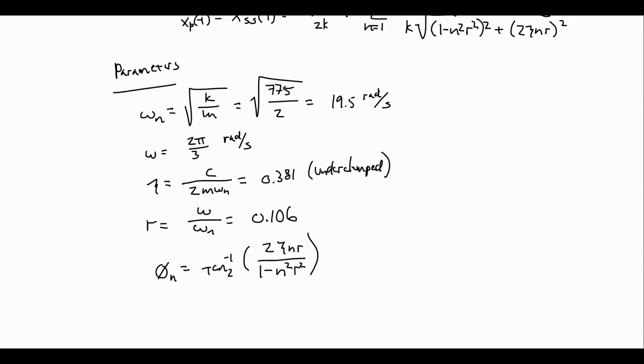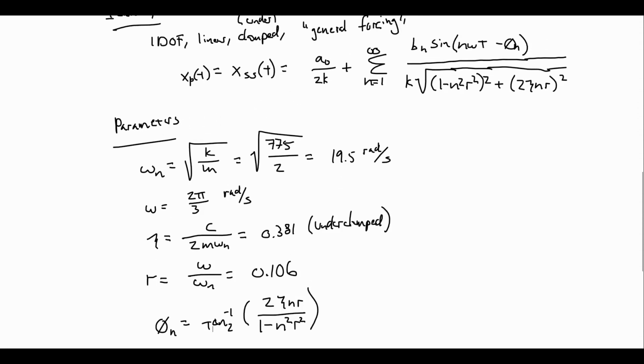But we're going to need to do that for every n value, and we are going to need to compute the rest of the stuff inside of the summation for every n value. So I'm not going to write it all down, but I wrote down some of the important parameters, and now we can start to assemble and look at our solution, and then we can plot it as well.